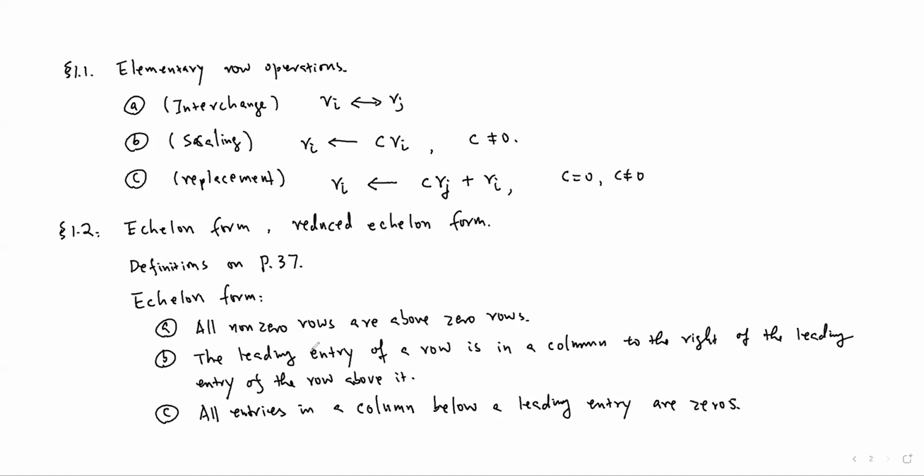If a matrix has these 3 properties, then the matrix is called in echelon form. I will show you examples. Echelon form is not the simplest. We can still introduce zeros to echelon form.